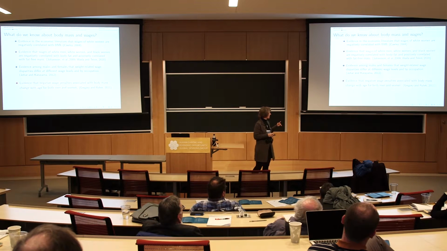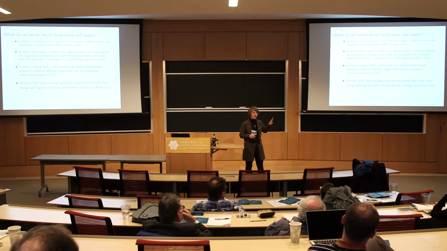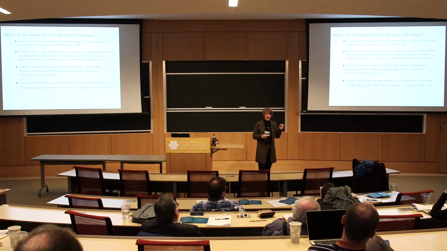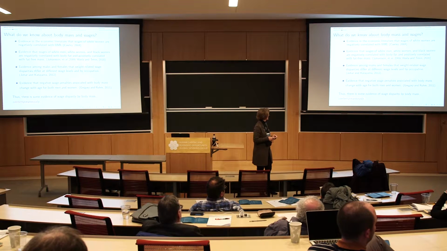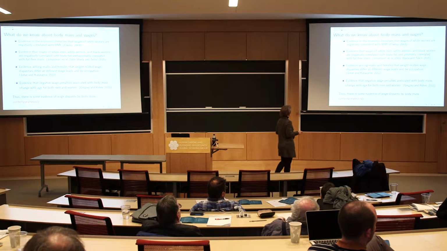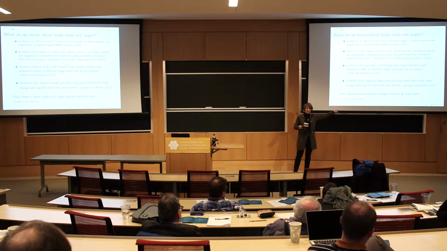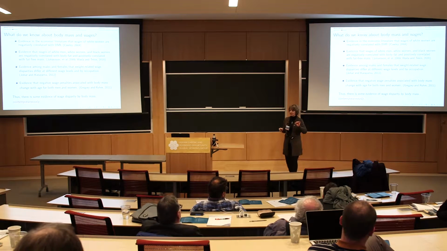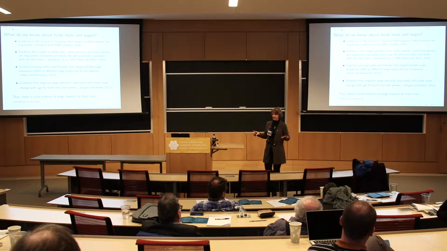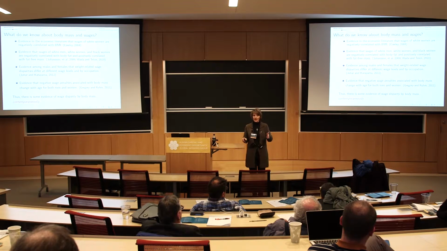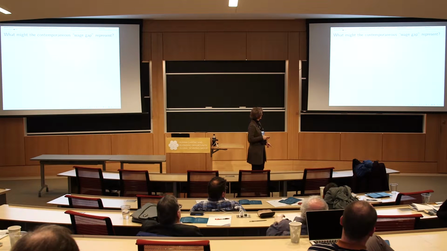So again, I don't want to talk specifically about the literature that's looking at the effect of body mass on wages, but I just want to point out that there is some evidence of a wage disparity, but that evidence is a contemporaneous effect, so it's holding everything else constant. Do we see an effect of body mass on wages once we've controlled for education and experience and other things? So we do know that there is evidence of that in the literature.